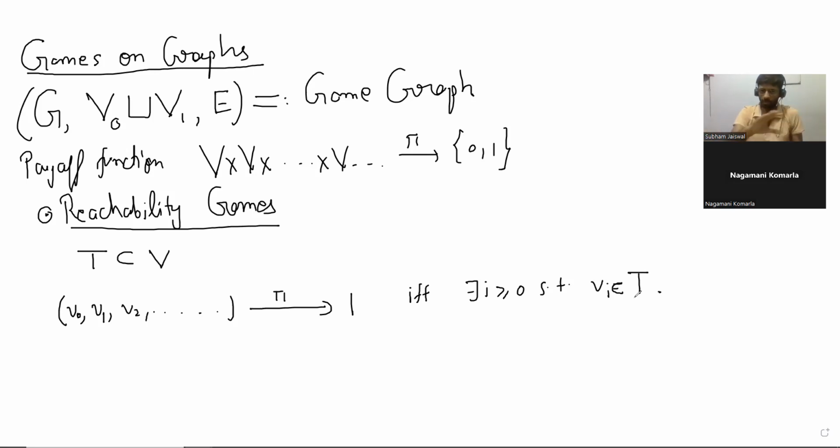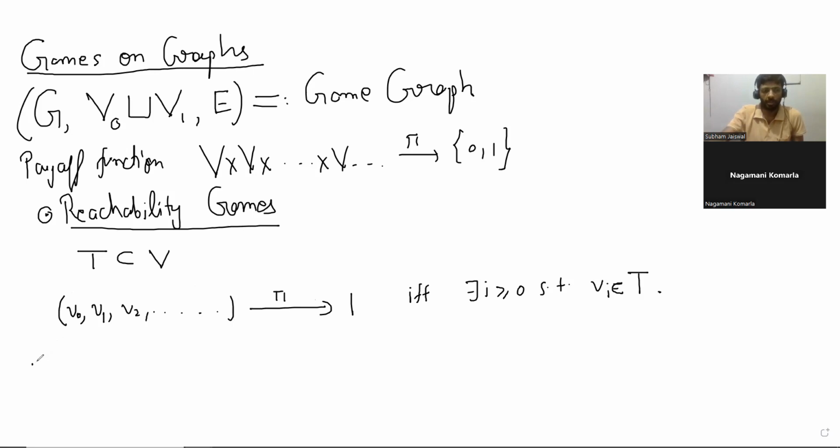This way we are encoding that player 1 is playing to win. So this is how we declare what the game is and what the payoff function is.